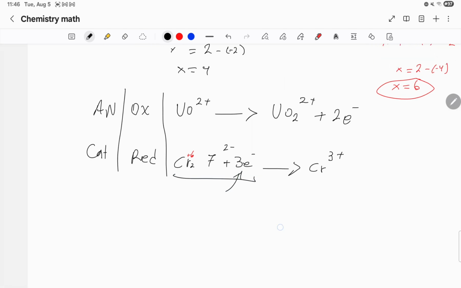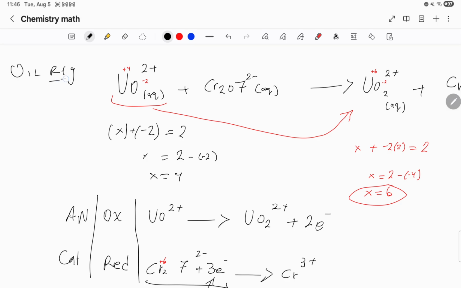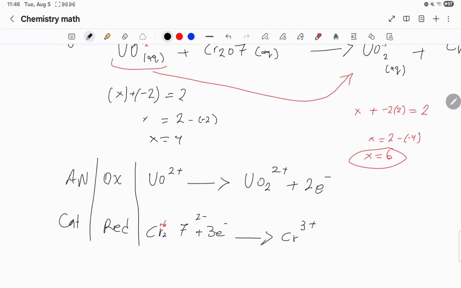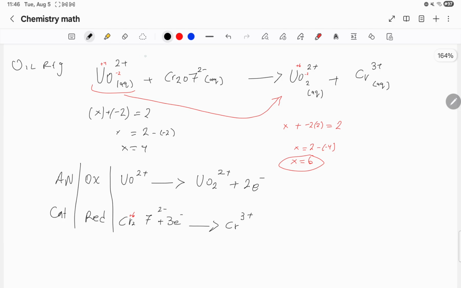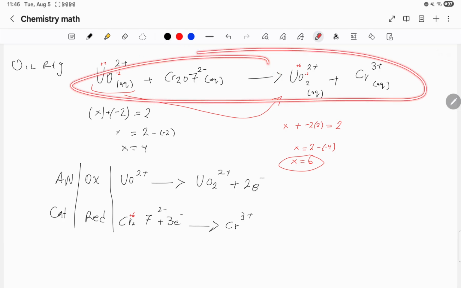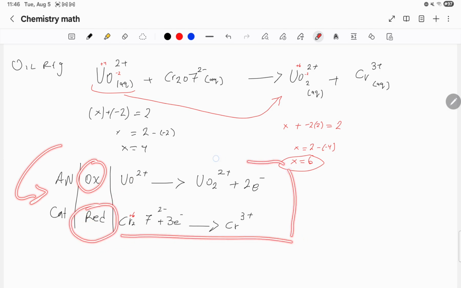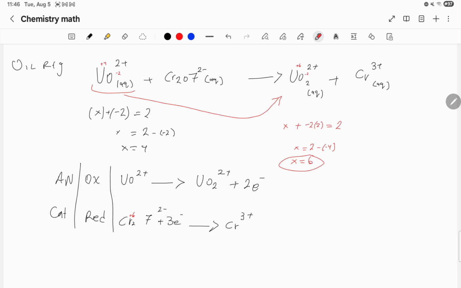Because reduction is gaining electrons, so I am adding on this side of the reaction. So now you can see that I took this general reaction and I turned it into an oxidation half reaction and a reduction half reaction, okay? So that was my first step.